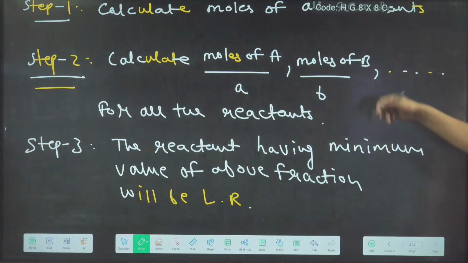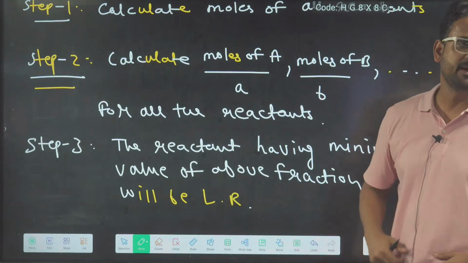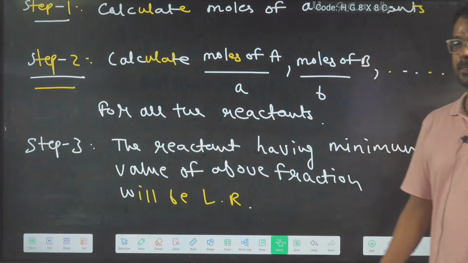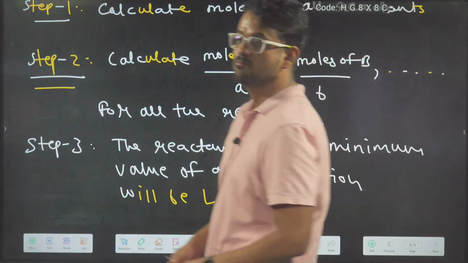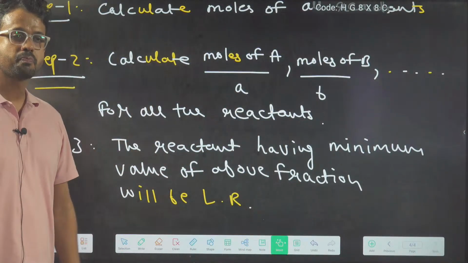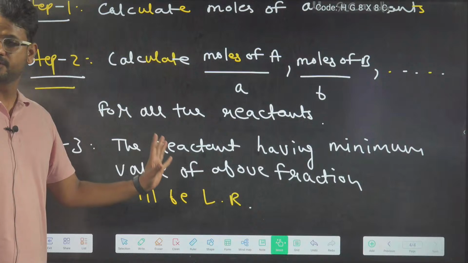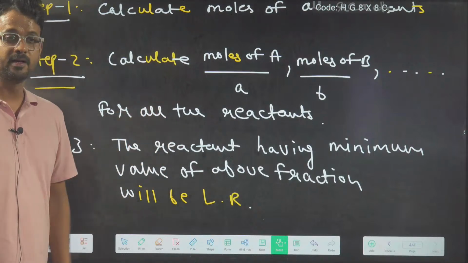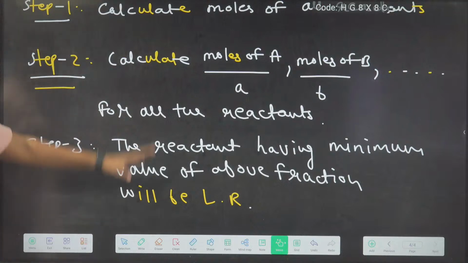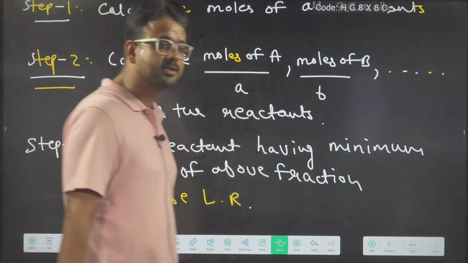The one which has the minimum value of this fraction will be the limiting reagent. Is this clear, boys and girls? You will calculate the fraction like this for everybody. The place where the fraction is minimum, the least value of the fraction, that reagent will be the limiting reagent. Quickly note it down. Let's apply this in some situations.